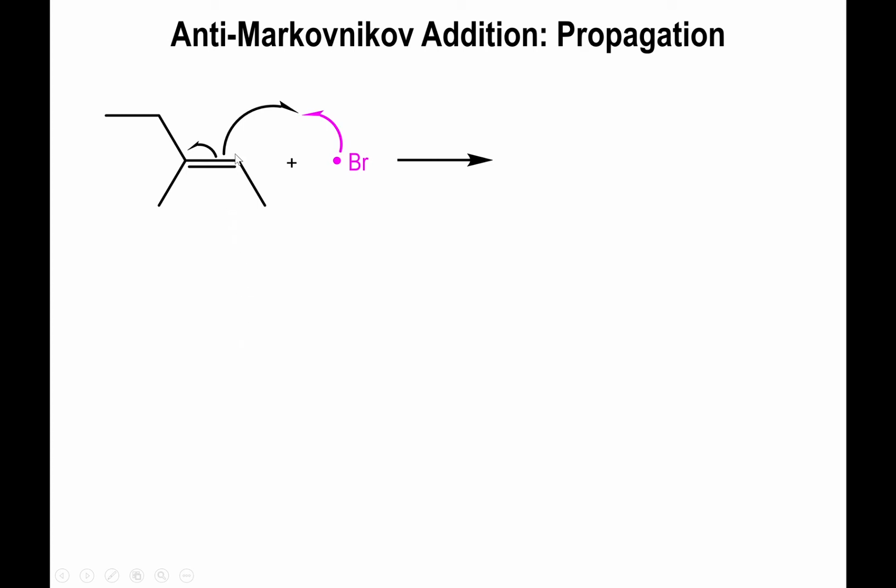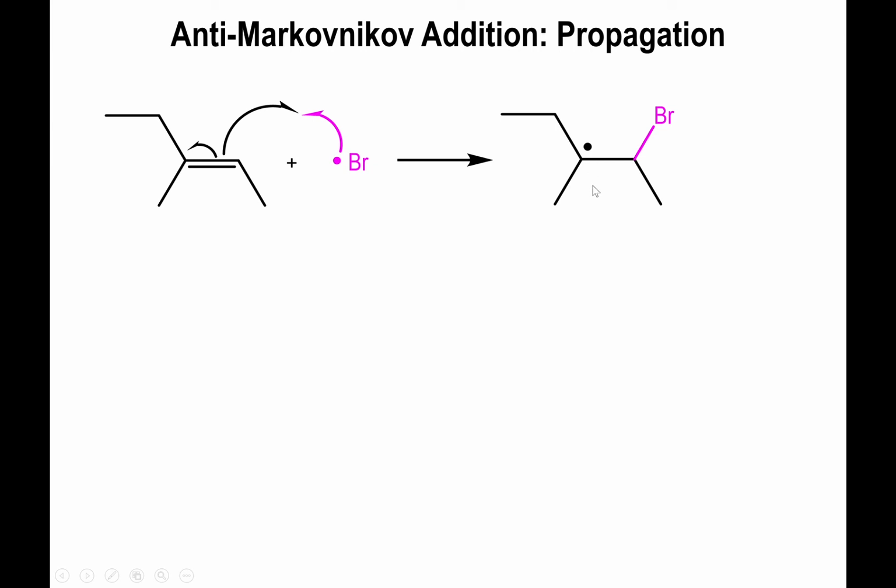So you'll have one electron of the pi bond interacting with the electron of the bromine radical to form a new carbon-bromine bond. But at the same time, you're going to produce a new organic radical. So if you make the bond such that it ends up on the right carbon of the alkene, the radical will end up on the left carbon of the alkene. And that's a tertiary radical. So that looks actually pretty good, right?